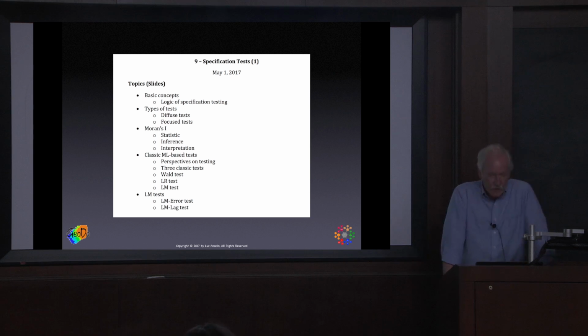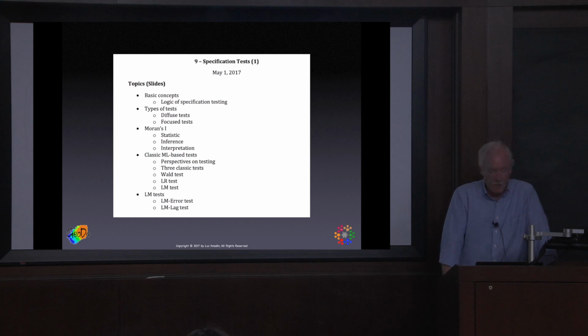So then we look at different types of tests, and I'll discuss Moran's I, which many of you already know from an exploratory approach as a measure of spatial autocorrelation, but in a regression context, it's a little bit different. And then we move into the classic maximum likelihood-based tests.